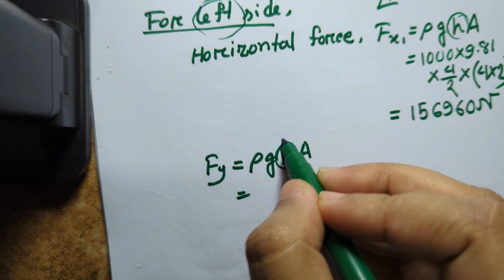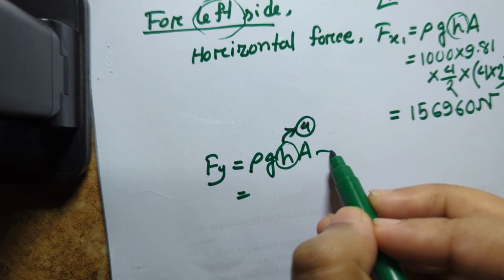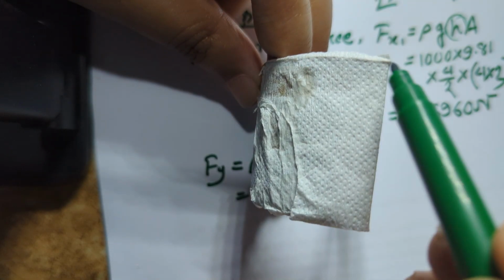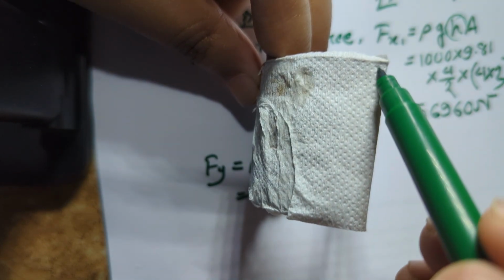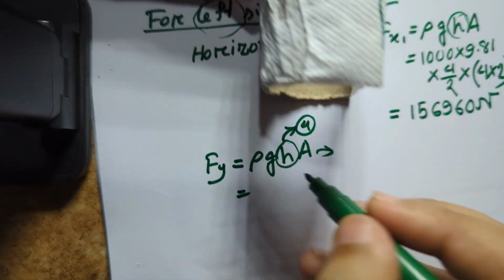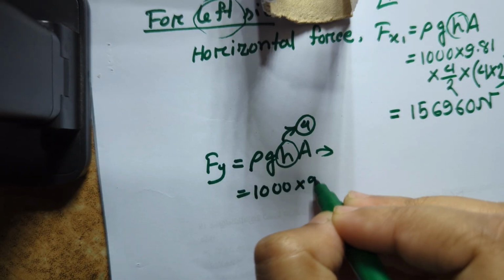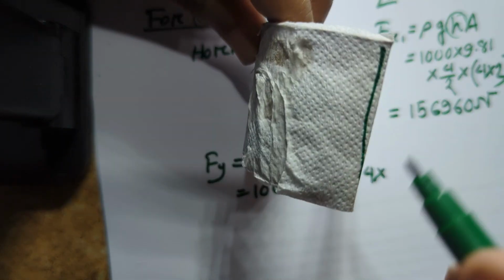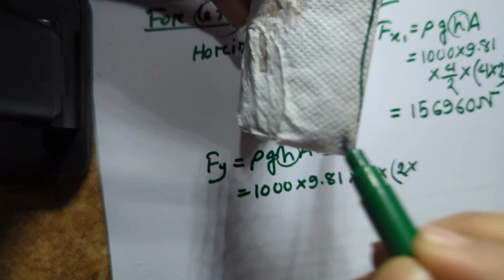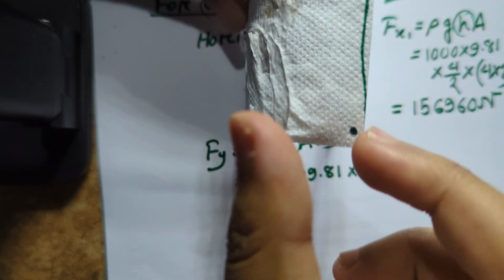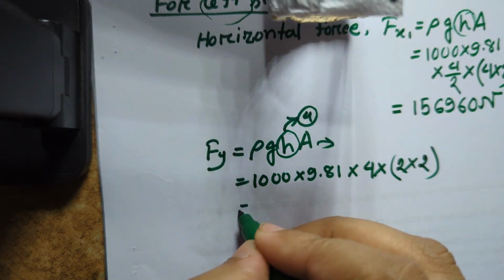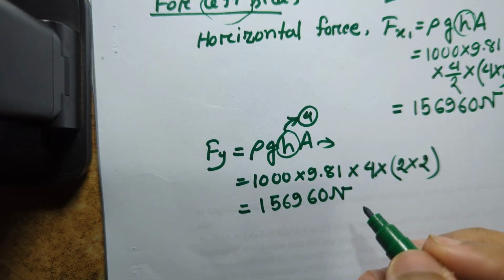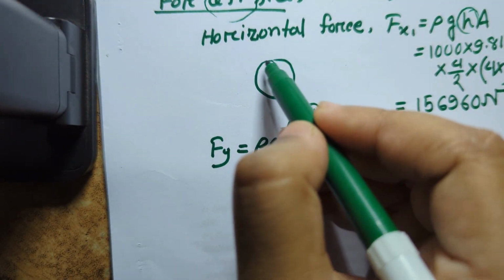Here we measure the height as 4 meter, and the area is the radius and the length of the cylindrical gate. So it will be 1000 into 9.81 into height 4 meter and area, length 2 meter and radius also 2 meter. We took this part, so 2 meter. So it will be 156960 Newton.